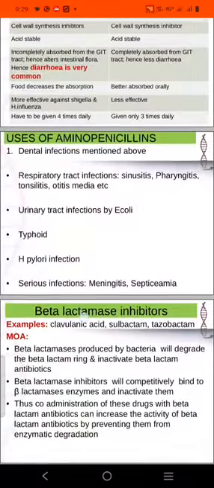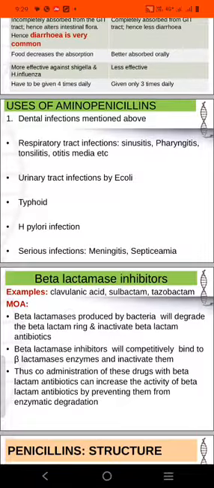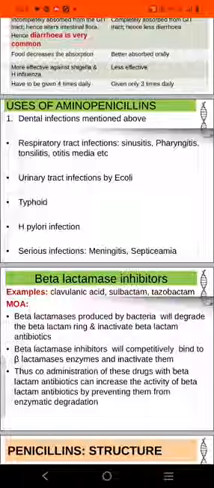If you see the uses of aminopenicillins, dental infections, orodental infections can be treated with the help of ampicillin and amoxicillin. Respiratory tract infections like sinusitis, pharyngitis, tonsillitis, otitis media. Urinary tract infections by E. coli, typhoid, H. pylori infections, serious infections like meningitis, septicemia. Here additionally we have urinary tract infection caused by E. coli, which is a gram-negative organism.